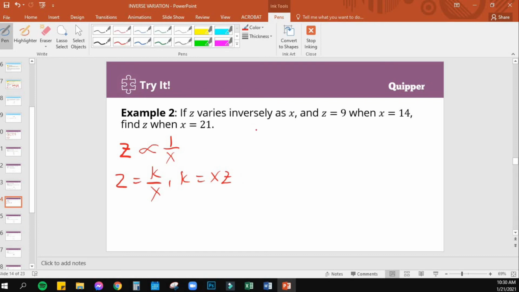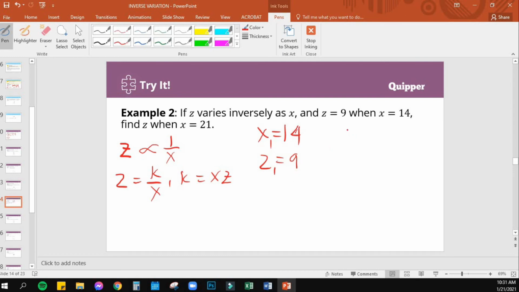Okay, now let us identify first the value of the variables. So, in this problem, we have two sets. Okay, so the first set is x is equal to 14 and z is equal to 9. So we have x sub 1 and z sub 1.